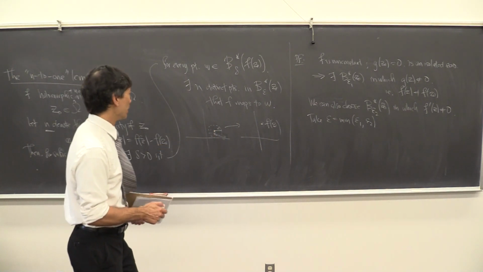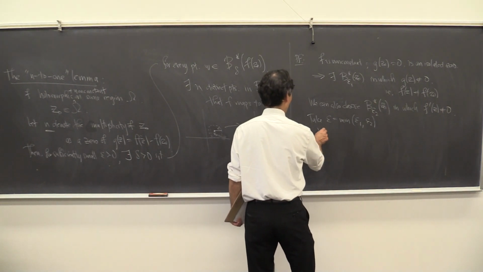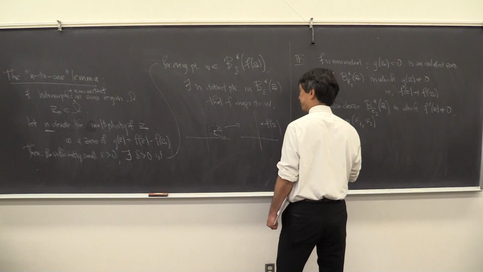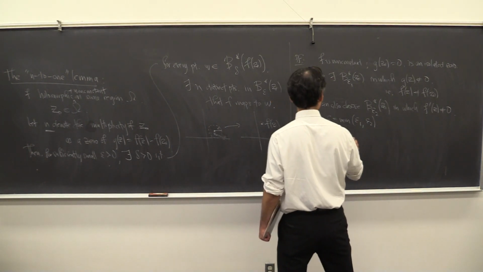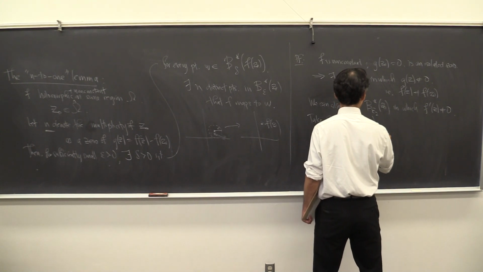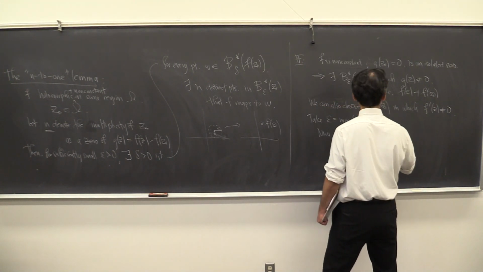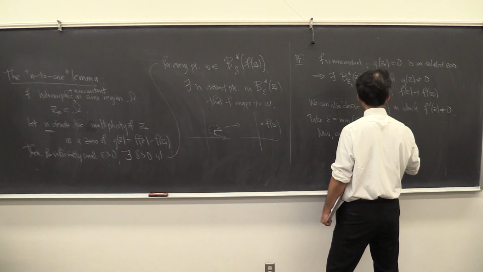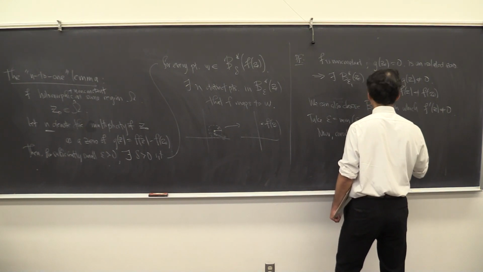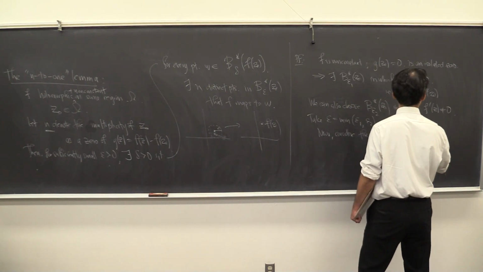Okay. So now consider the image of the boundary of that epsilon neighborhood when it's mapped through f.